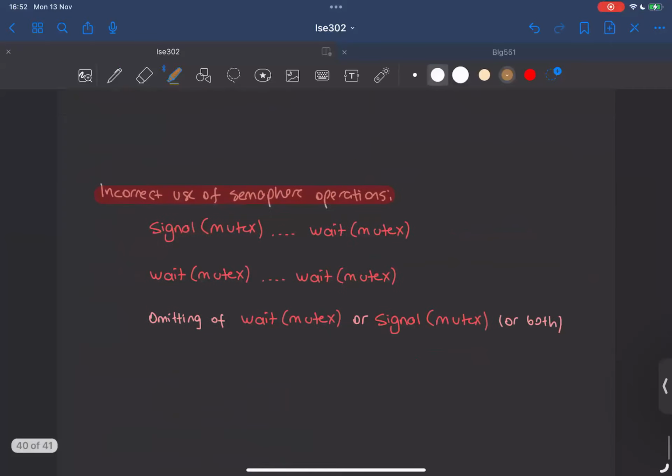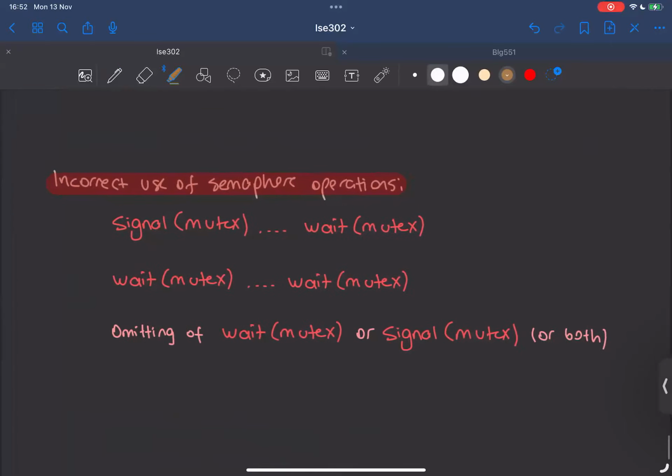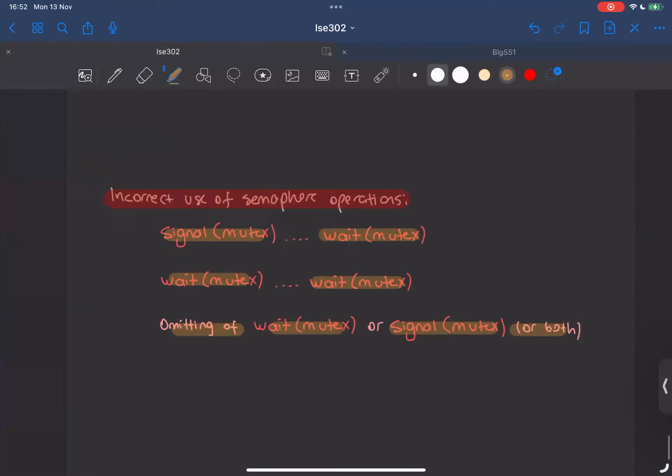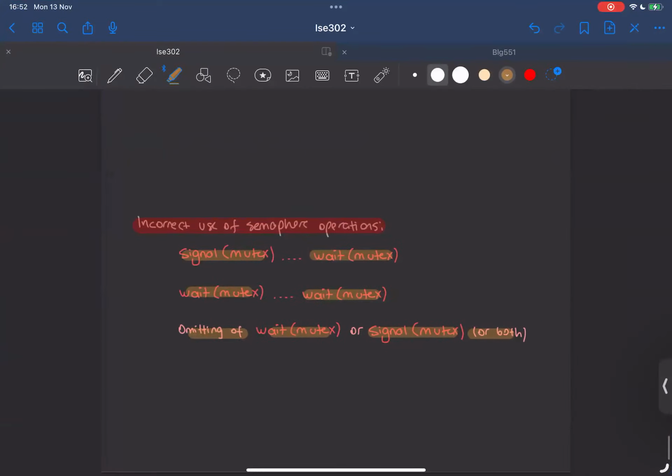So common errors include signal mutex followed by wait mutex, redundant wait mutex operations, or omitting either wait mutex or signal mutex, or both of them entirely. So in semaphore-based synchronization, adhering to the correct order of operations is very important.